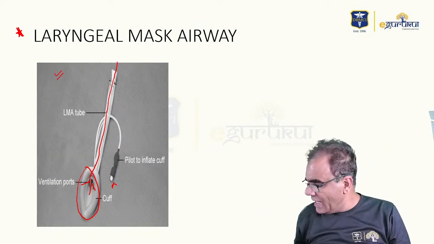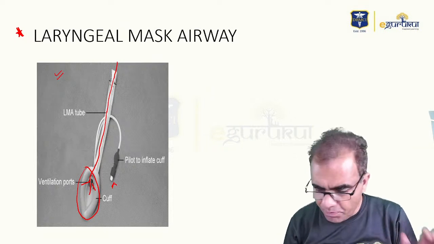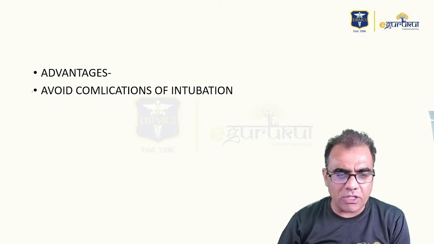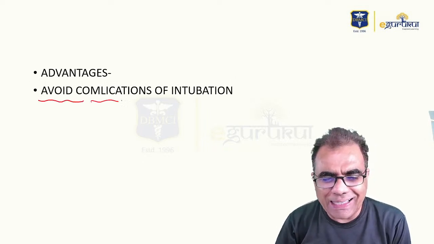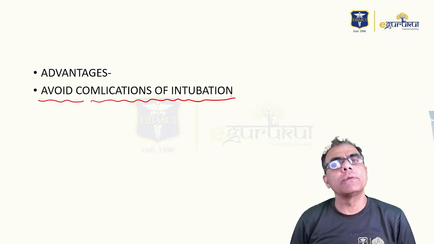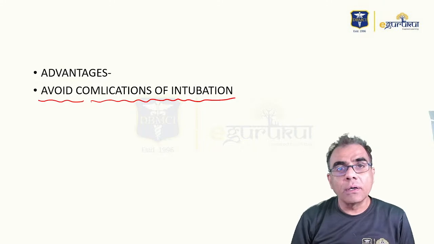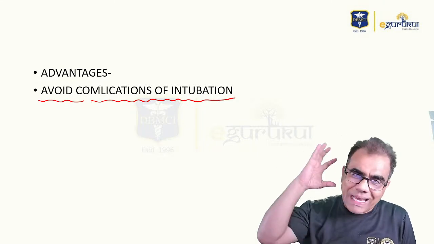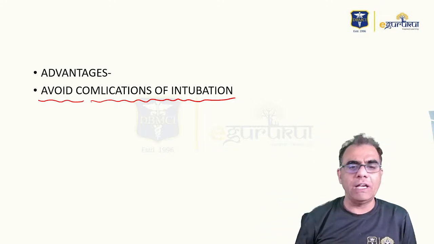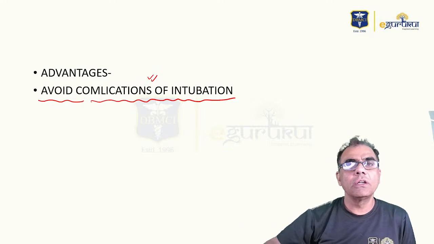So basically, what is the advantage of LMA? The main advantage of LMA is that you can use it as an alternative to intubation. In an emergency, say you are not able to intubate, you can put a laryngeal mask airway. And secondly, we also choose it electively to avoid the complications of intubation.